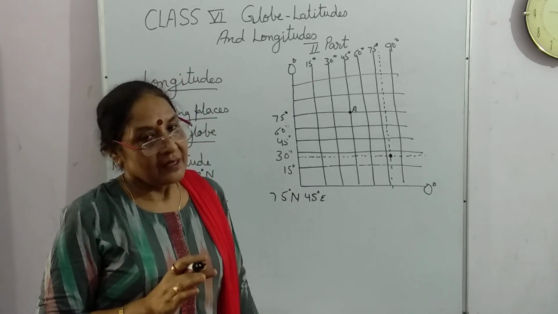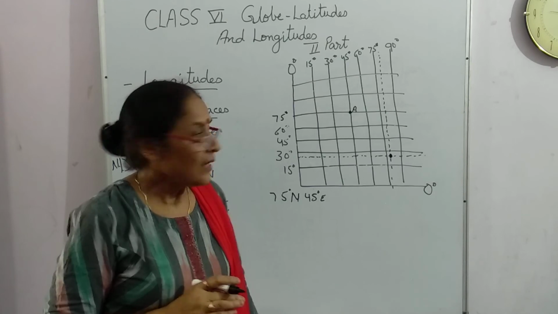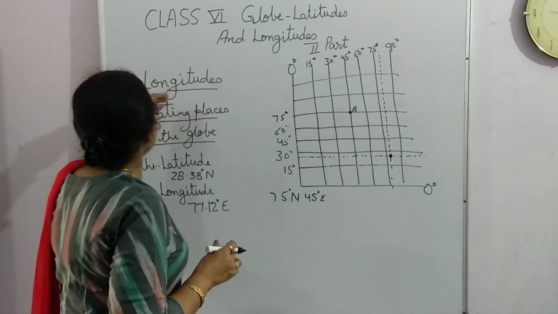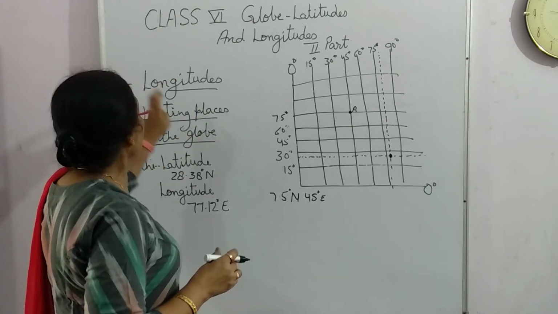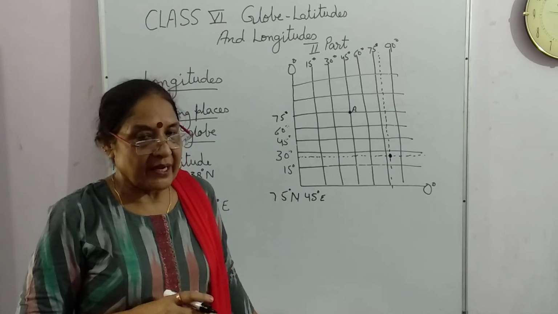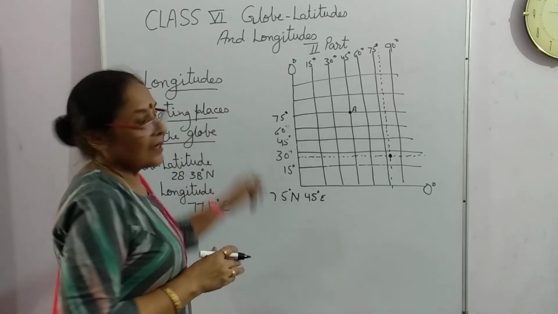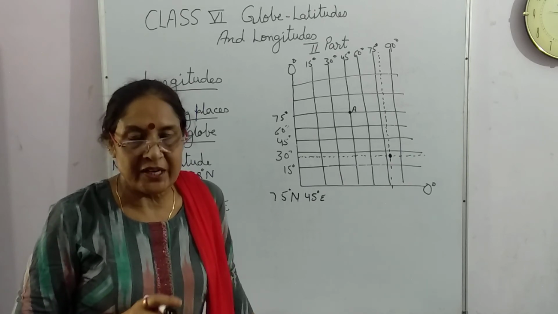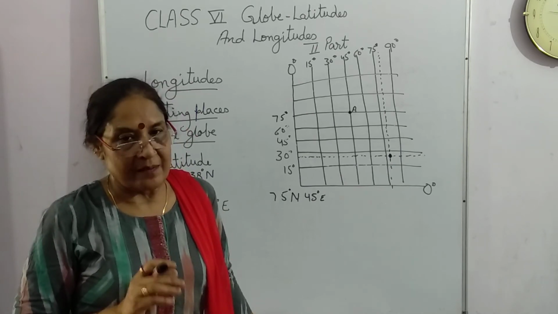I think it's clear to everyone. In this session we have done only two things, longitude and locating places on the globe. In the next session, we'll cover how we can calculate time, the standard meridian of India and the time zones.